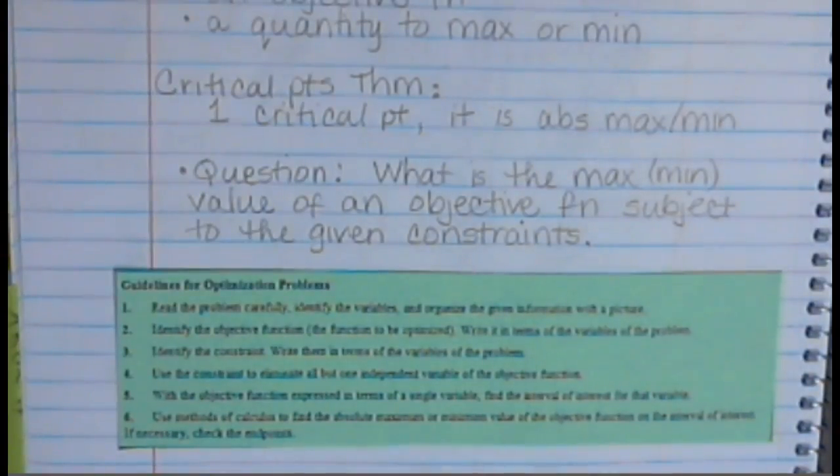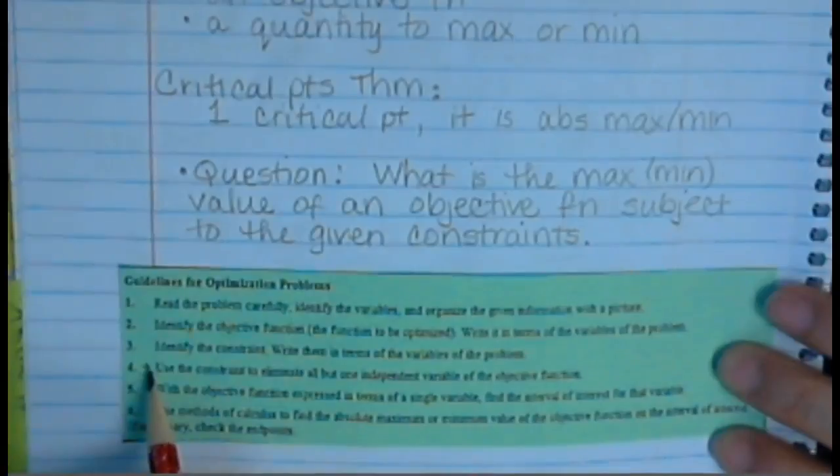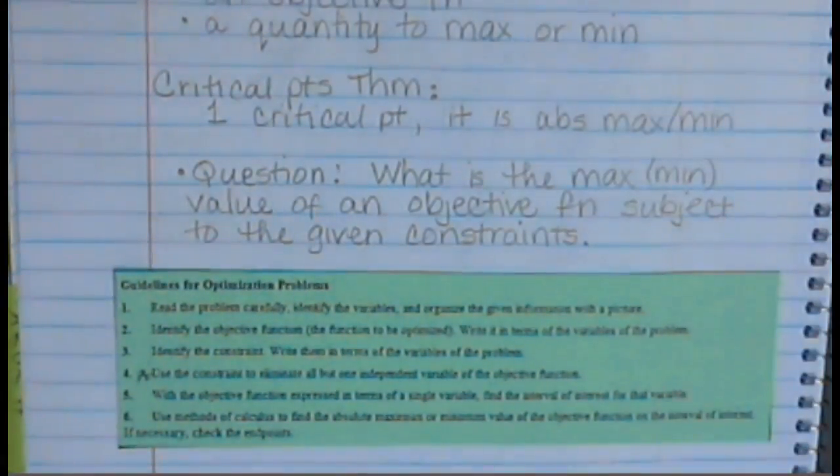And the one where I think most of the work for us is going to happen is number 4, where we're going to use the constraint equation to eliminate all but one independent variable of the objective function. So we're going to practice that.